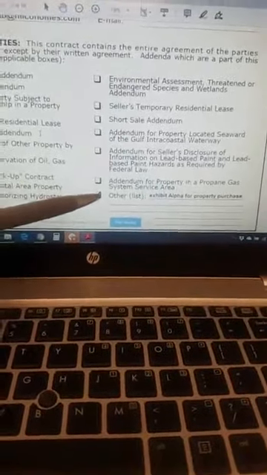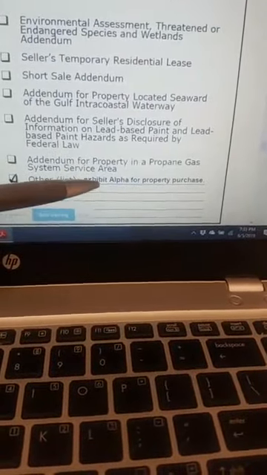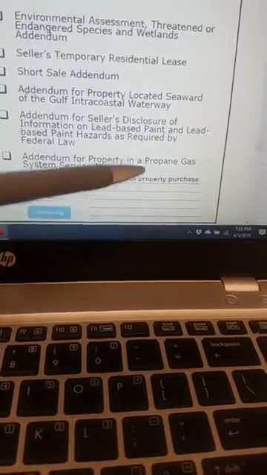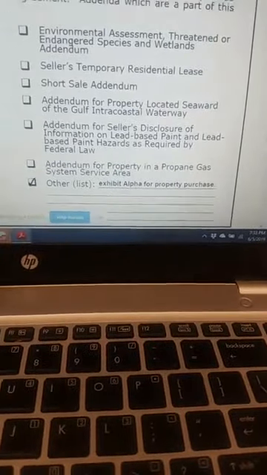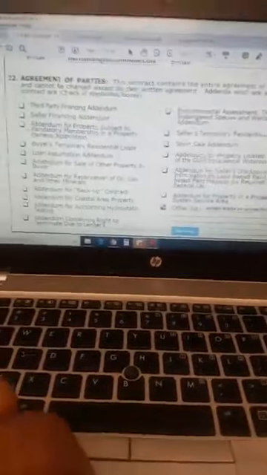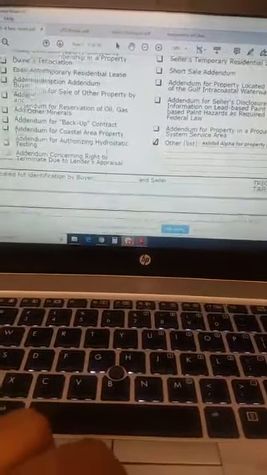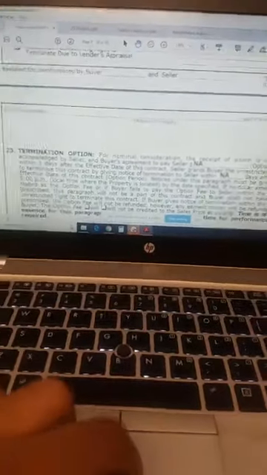Here we also have the other checked off because that's where we put our document called Exhibit A for property purchase. It's a one-page document that we use to basically state that we have the right to wholesale the property, and sell our equitable interest in this contract.